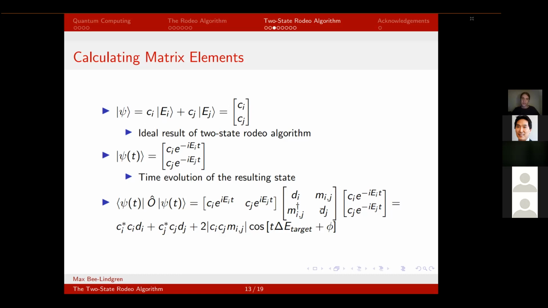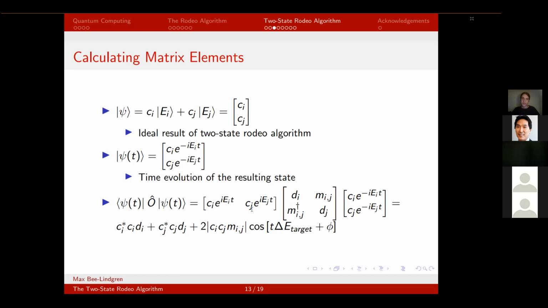And that should give us this resulting cosine function, where the frequency is proportional to the energy difference, and the cosine itself is scaled by the spectral weights of the energy states and this matrix element that we want here.